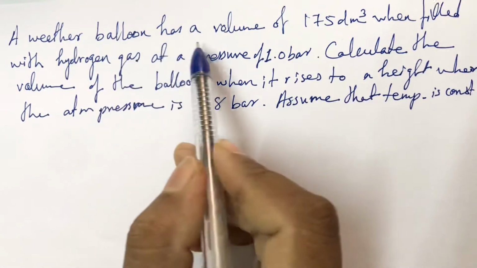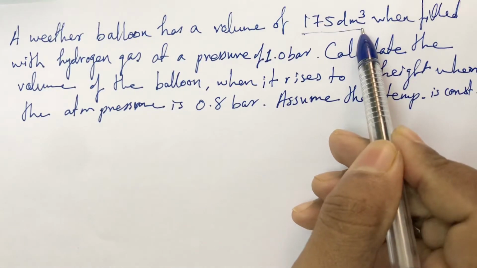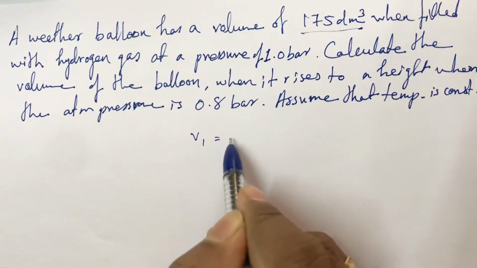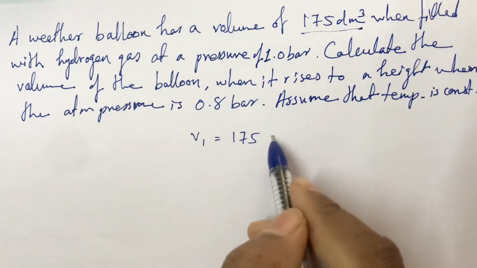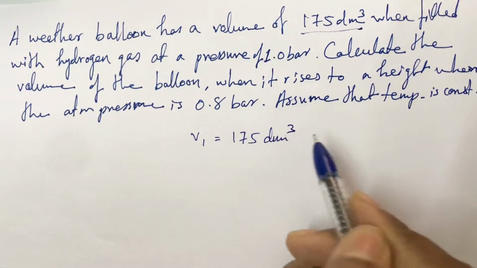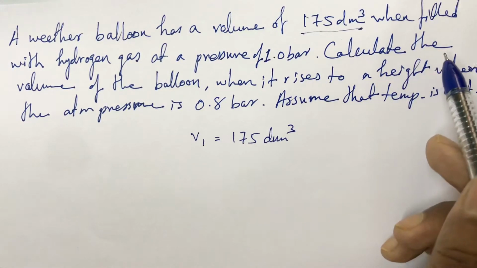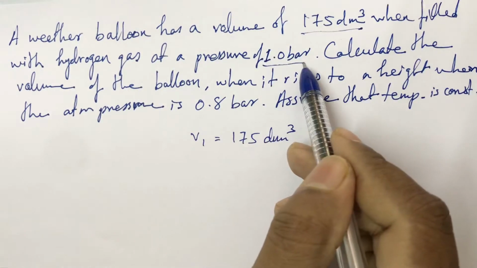A weather balloon has a volume of 175 dm cube. So we can take 175 as V1. V1 is 175 dm cube, when filled with hydrogen gas at a pressure of 1.0 bar. What is 1.0 bar here?